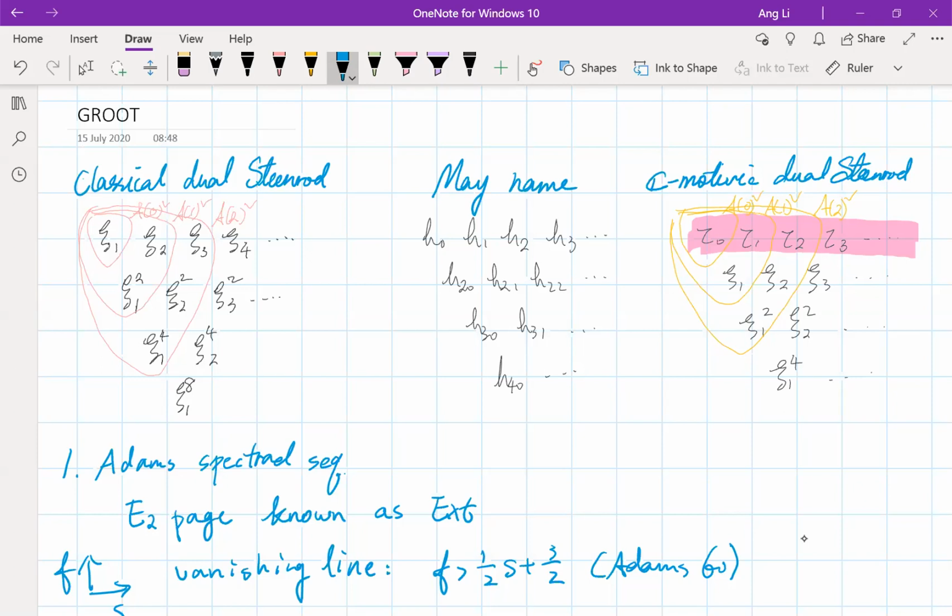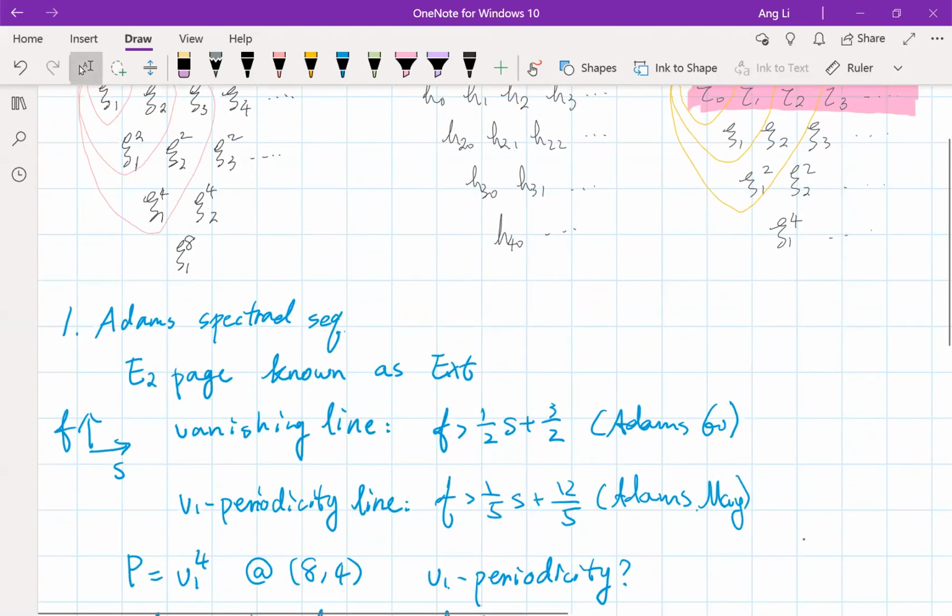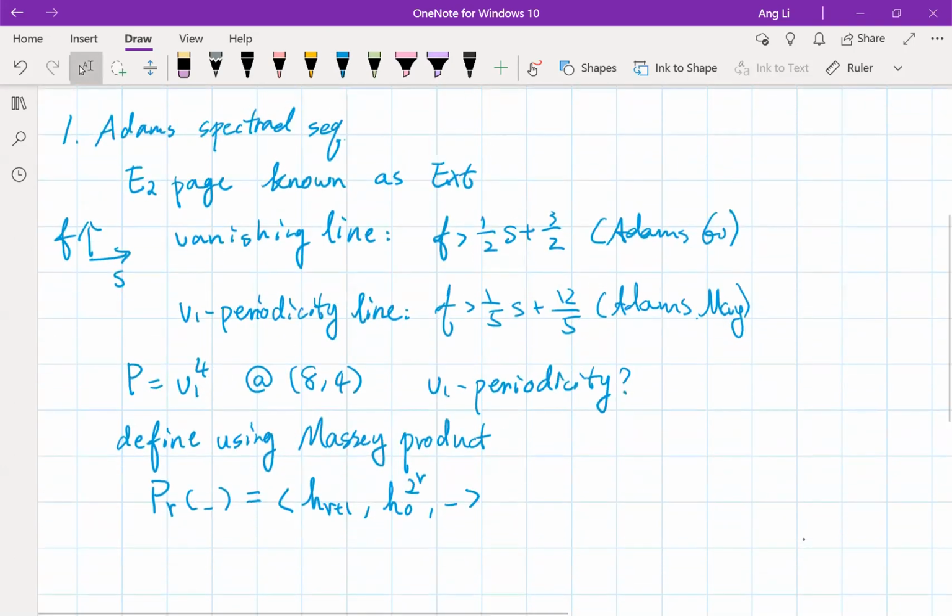And then I'm also writing their corresponding Ext names here. So you can see that ξ_1 corresponds to h_0. By the way, h_0 is actually h_{1,0}. Also h_1 is h_{1,1}. So their corresponding Ext names, and well, I like this picture a lot. Okay, I haven't told you how the bracket is defined.